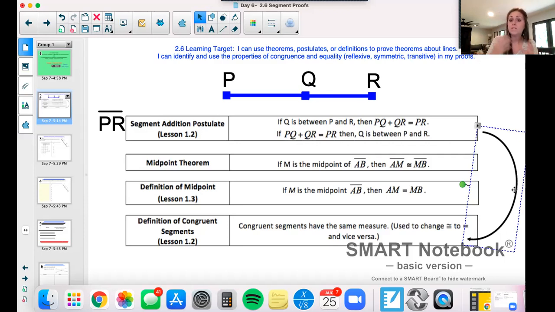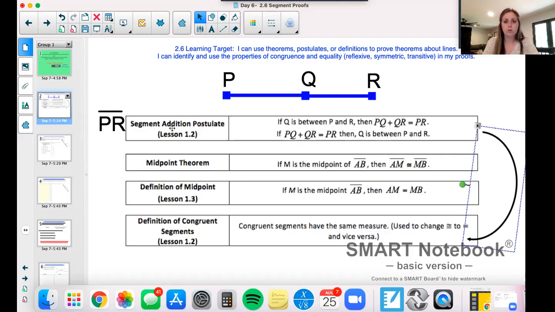So what does that mean? That means anytime we try to manipulate segments, if we try to add them, we actually have to add their measurements. So we cannot add congruency. We can't add names, if you will. So just like Faith plus Brett doesn't tell you anything, the measure of Faith plus the measure of Brett, or the length of Faith plus the length of Brett, gives you a numerical measurable value.